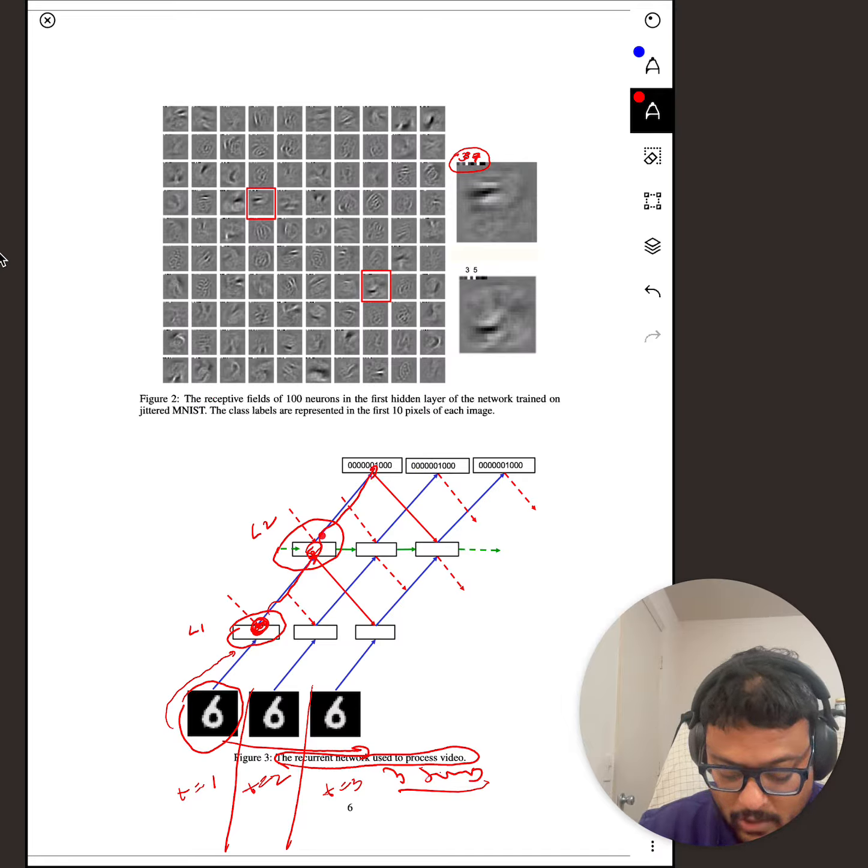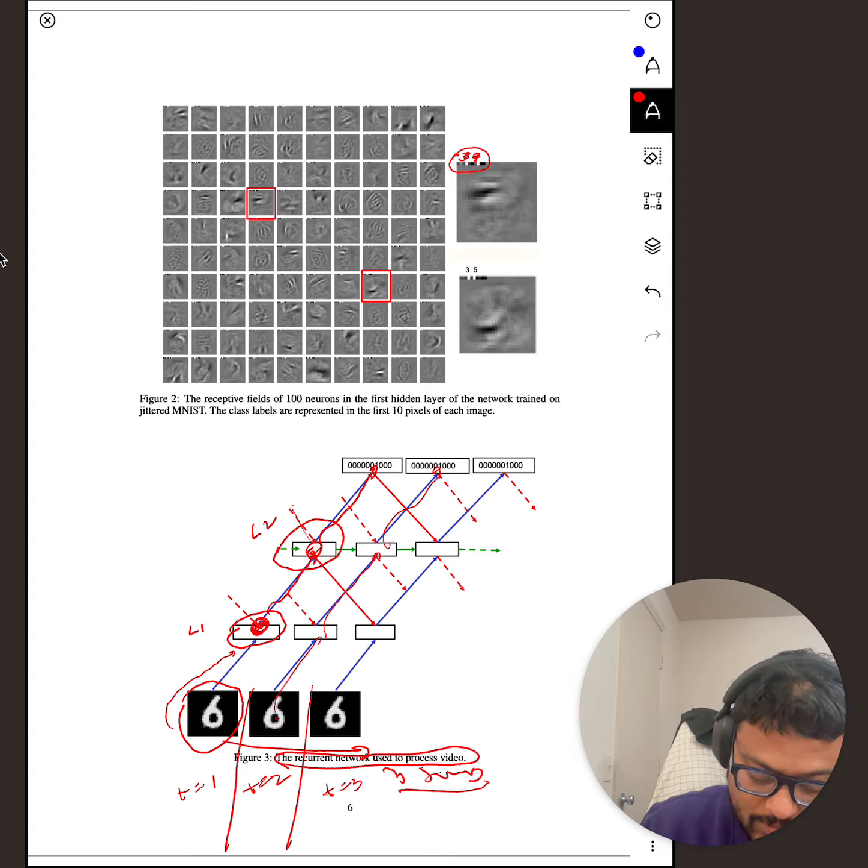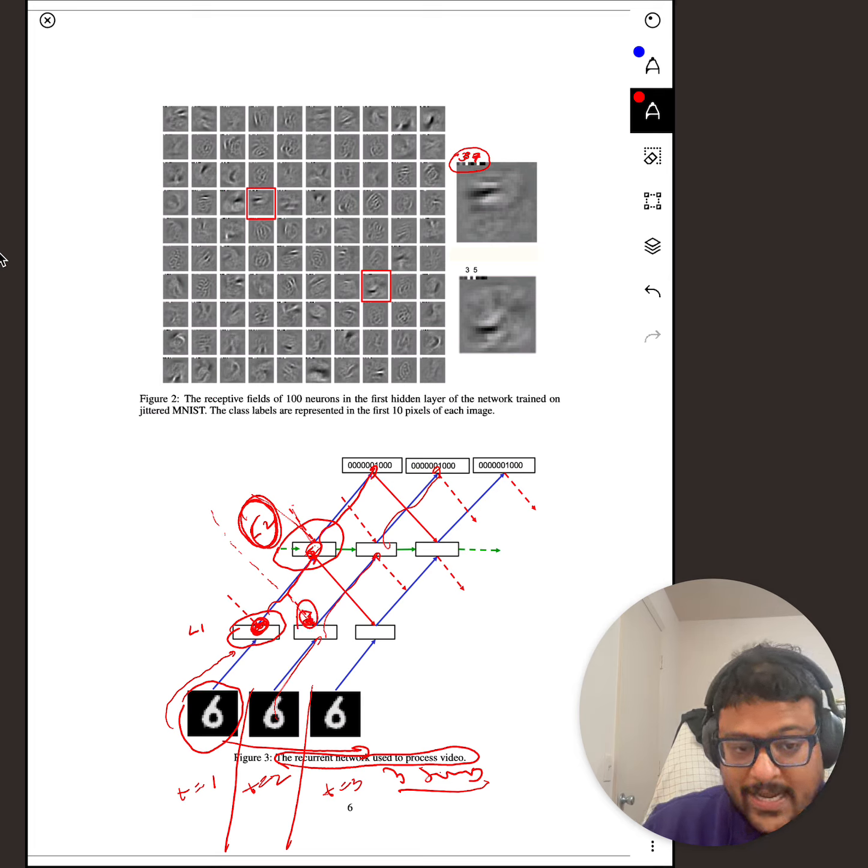Now when you're doing the second forward pass, the activities of the earlier layer, like the activities of layer 2 which you stored earlier, can be used to influence what is happening in this layer. So you are storing the activities.